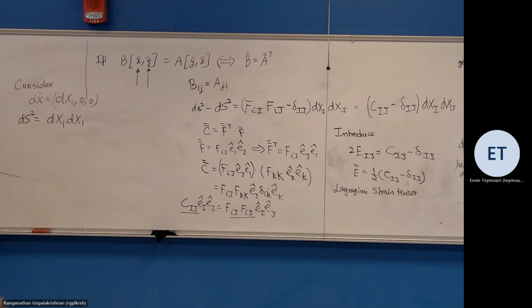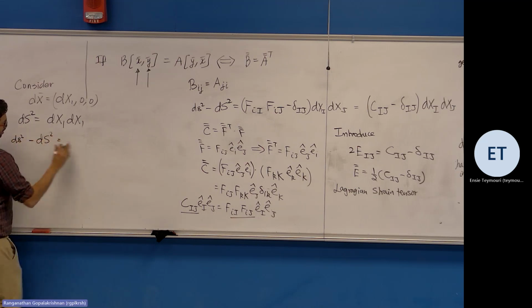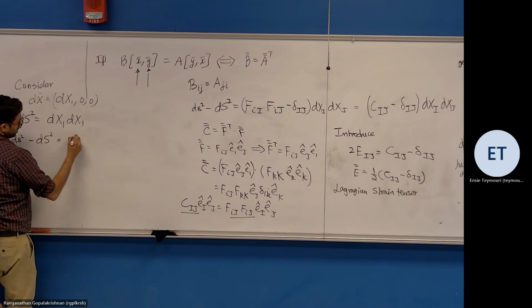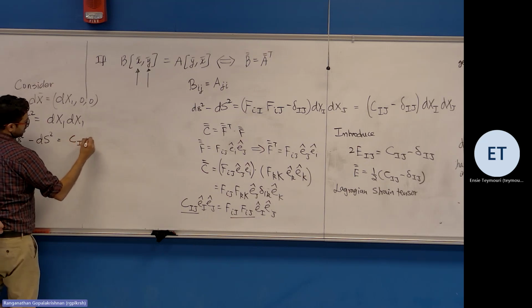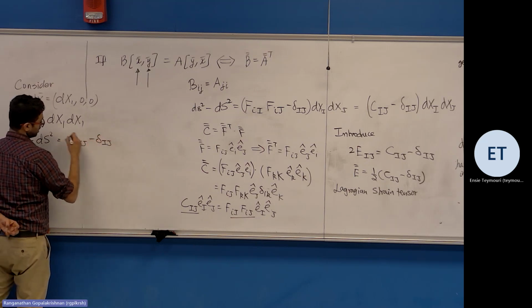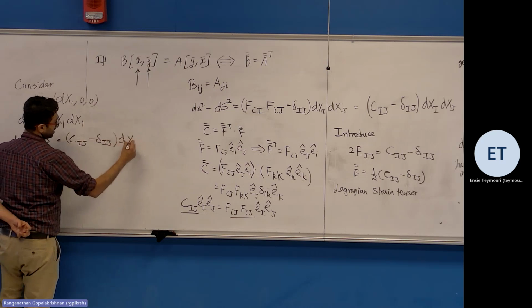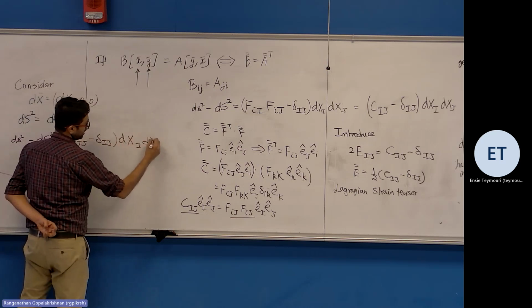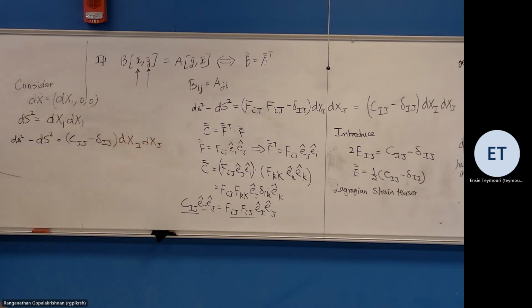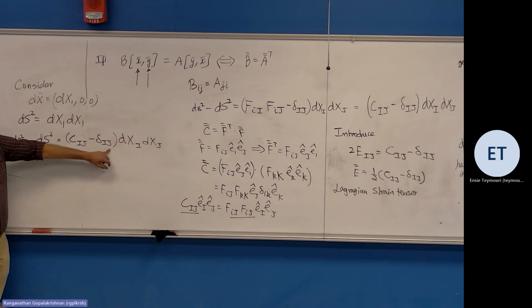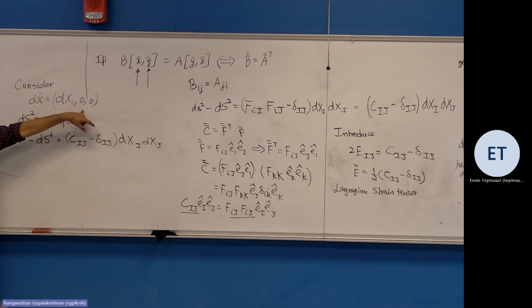So you take ds squared minus dS squared. This is (Cij minus delta ij) dxi dxj. You can set i equal to j and i equal to 1 because the other two directions are irrelevant.